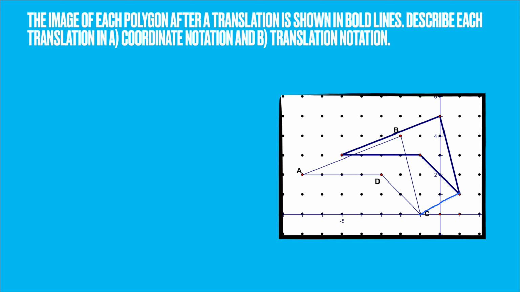So we would say (x, y) becomes (x plus 2, y plus 1). Now for translation notation, we would do translation 2 comma 1, and then we would name this A, B, C, D.